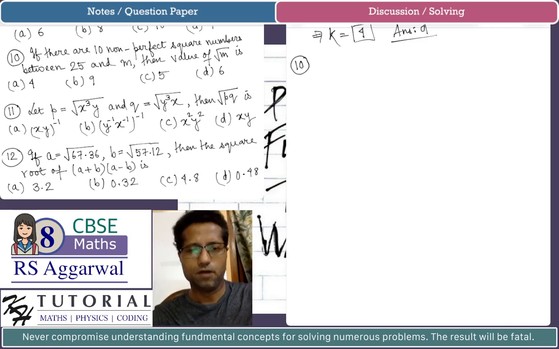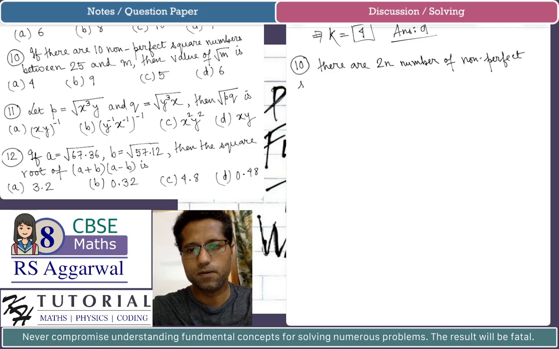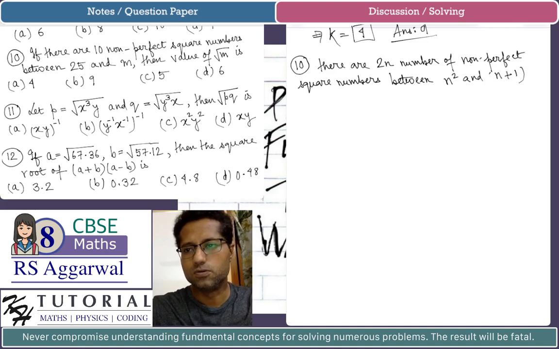By reading this statement, you should be able to correlate some properties of square numbers, which is that there are 2n non-perfect square numbers, that is numbers which are not perfect squares, between n square and n plus 1 whole square.